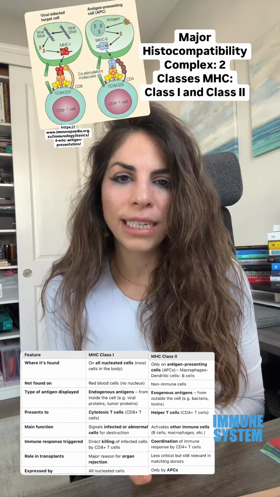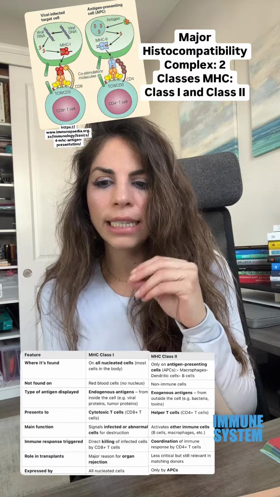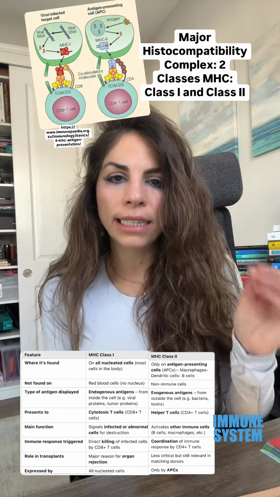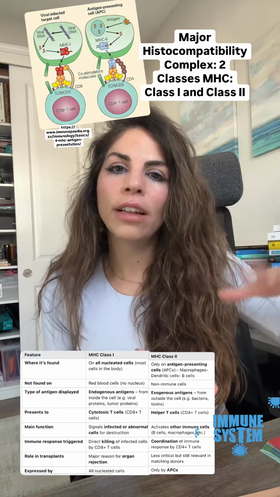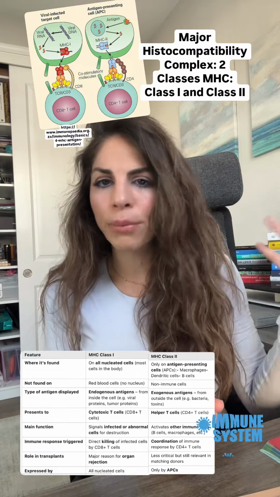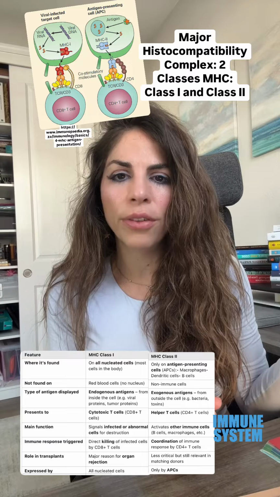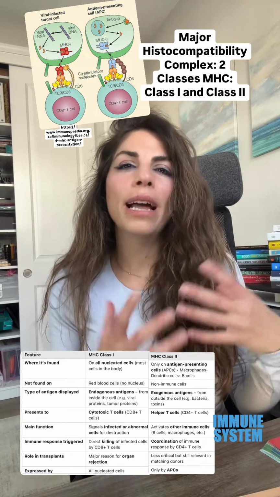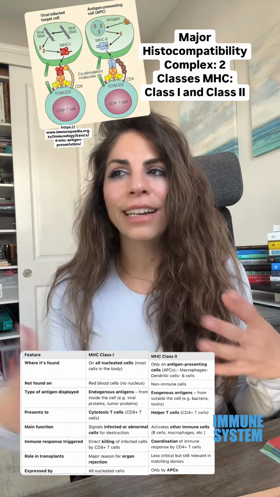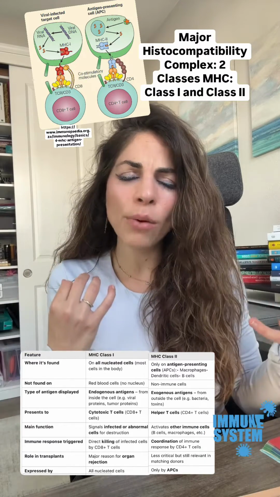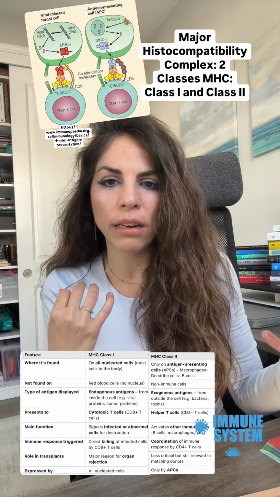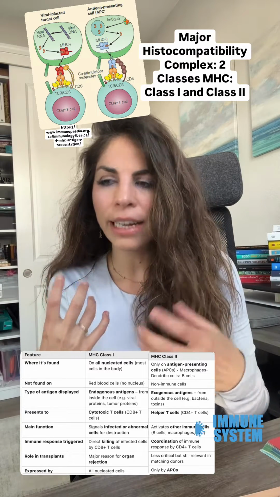If MHC presents our own proteins in a way that activates T cells, or if T cells aren't trained correctly, this can result in autoimmune conditions like type 1 diabetes, rheumatoid arthritis, and lupus. So MHC is very important. And again, there's MHC1 and MHC2, and it's how our immune system knows what's going on and what to do about it.